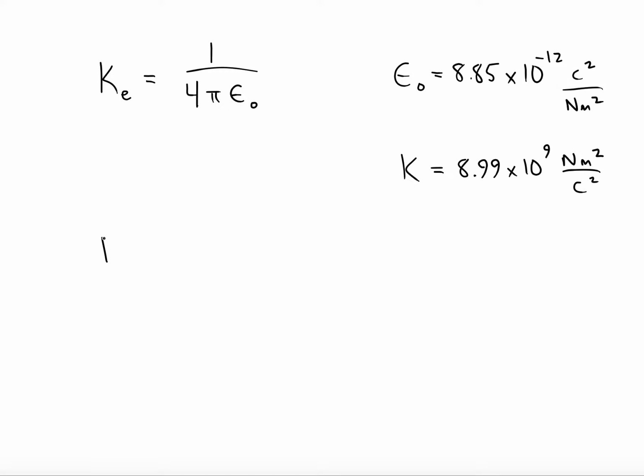So if we are to start with Coulomb's law for fields, E equals K times Q over R squared, we could plug in for K and get another form of this important law.